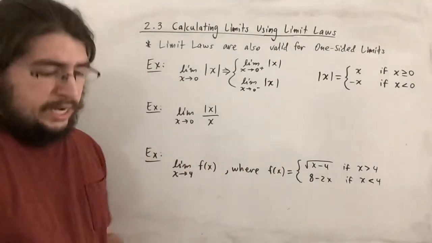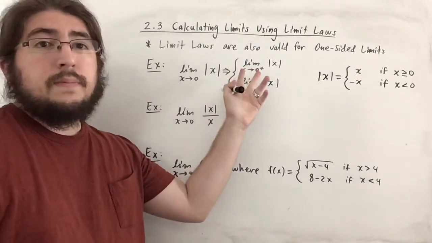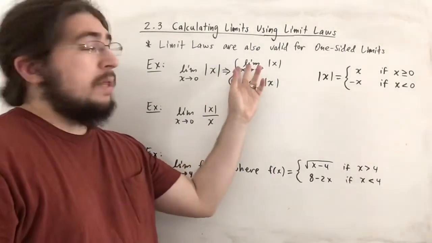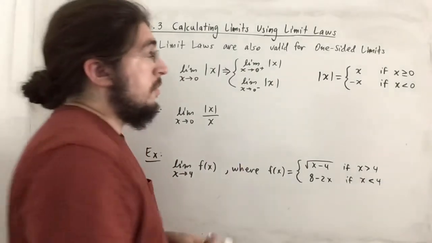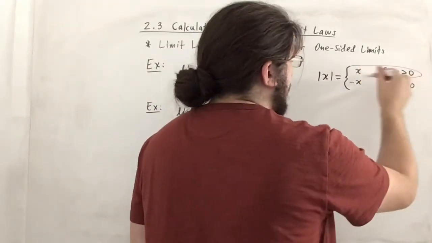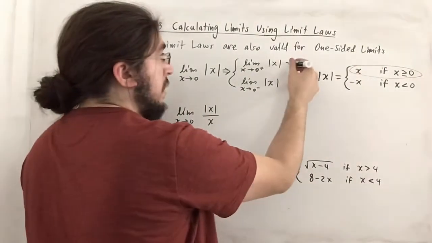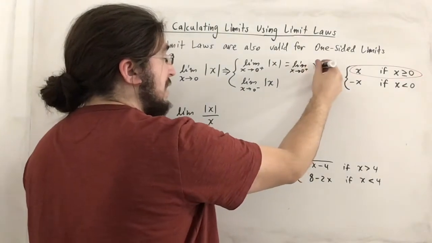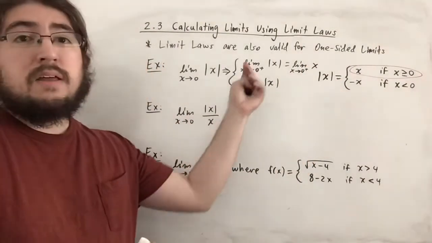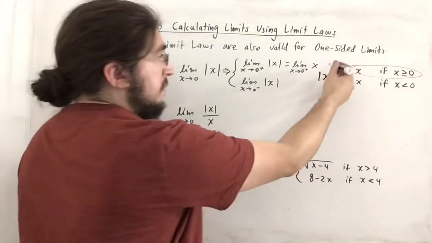Now, the interesting thing here is that if we consider the right-sided limit only, then we're only plugging in numbers that are bigger than 0. And when x is bigger than 0, we're using the top definition of this piecewise defined function. So this is actually equal to the limit as x goes to 0 from the right of x itself, because absolute value of x is equal to x when x is positive. And that, of course, is equal to 0.